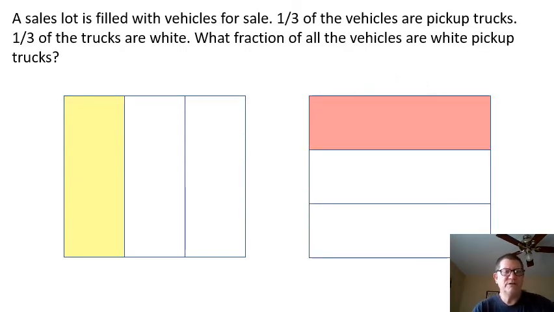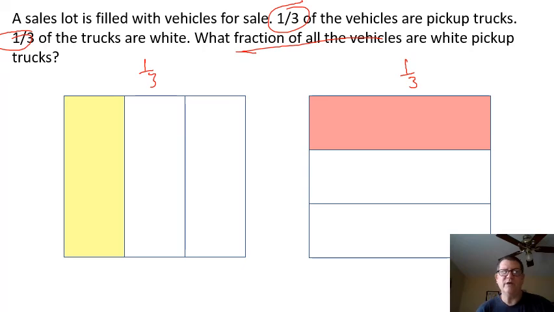A sales lot is filled with vehicles for sale. 1/3 of the vehicles are pickup trucks. 1/3 of the trucks are white. What fraction of all vehicles are white pickup trucks? Okay. Well, once again, here's our 1/3. That's the 1/3 of vehicles. And here's our 1/3 of them that are white trucks. And we want to know what fraction of all vehicles.